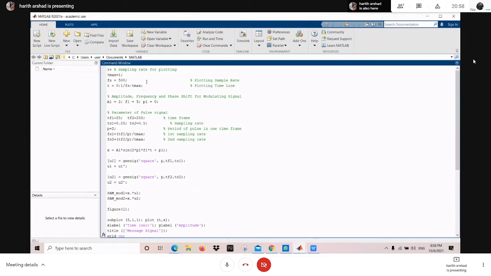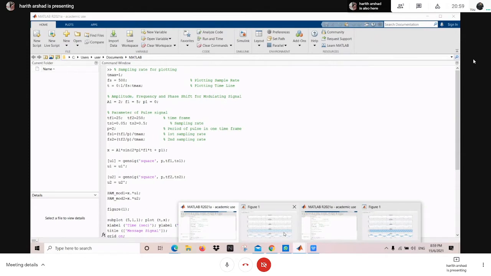My team and I use the time frame TF1 of 25 and time frame TF2 of 250, and the sampling rate TS1 is 0.05 and TS2 is 0.5.